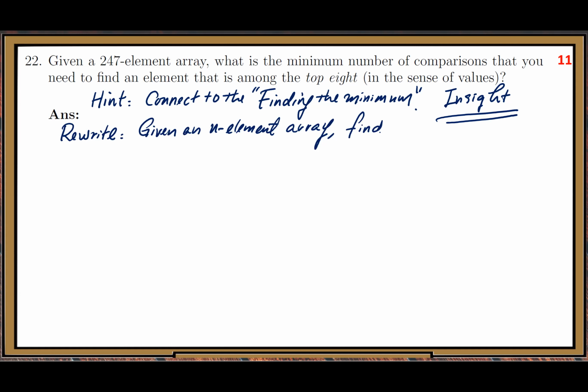find an element that is among the top one.